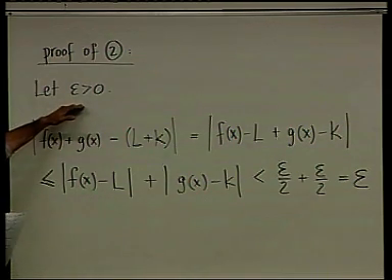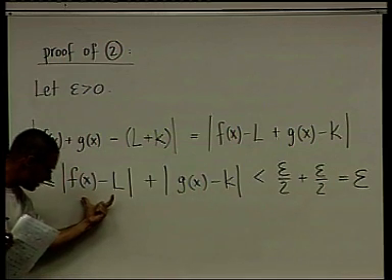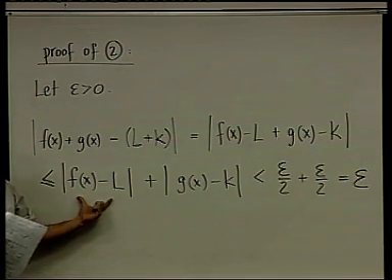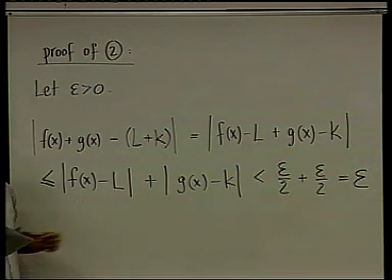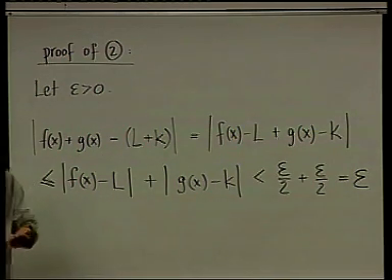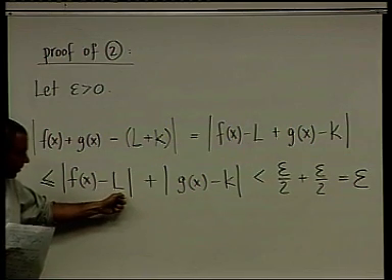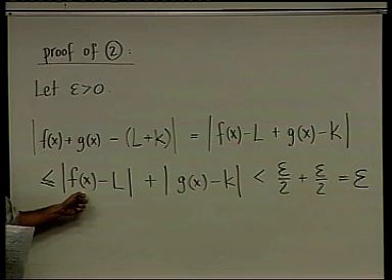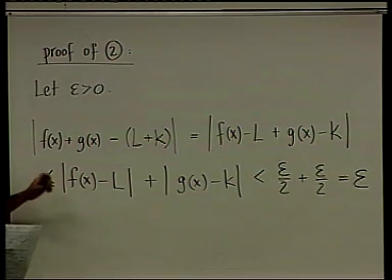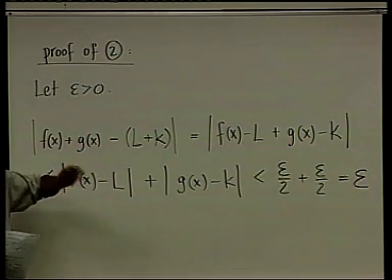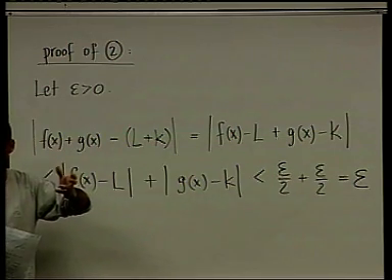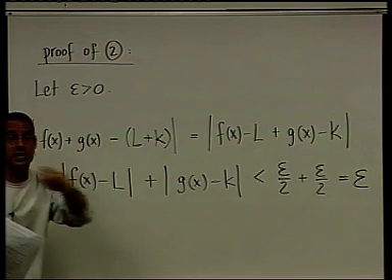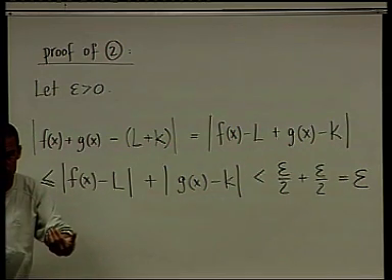Somebody gave me an epsilon. Can I guarantee that this is less than epsilon over 2? The answer is yes. Why? Because I'm given that f goes to L, that L is the limit of f, right? So note that the definition, there are two ways of looking at it. If you know a limit exists, then you know that the statement of the definition holds.